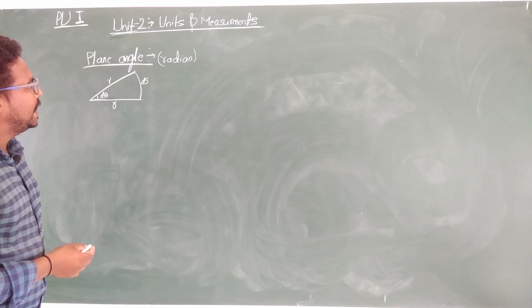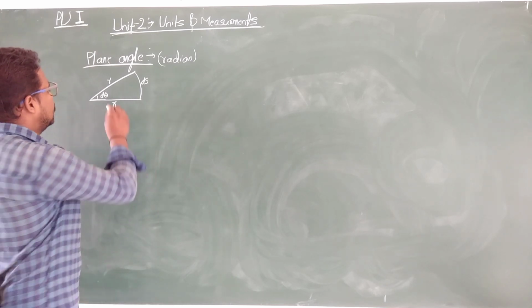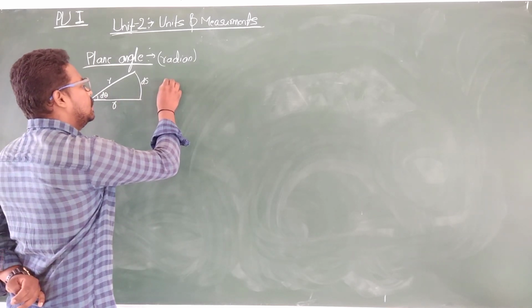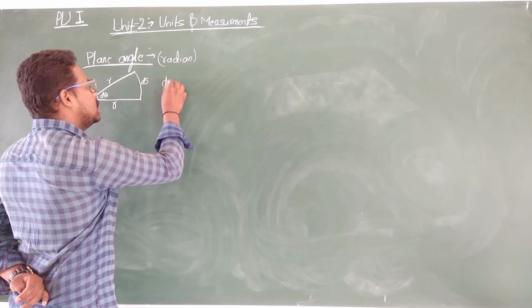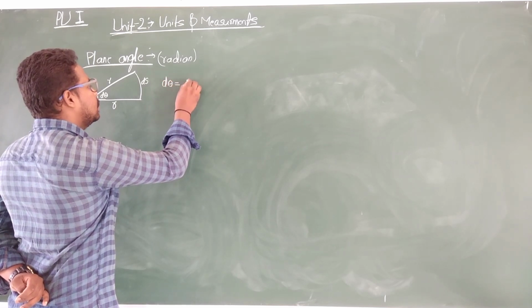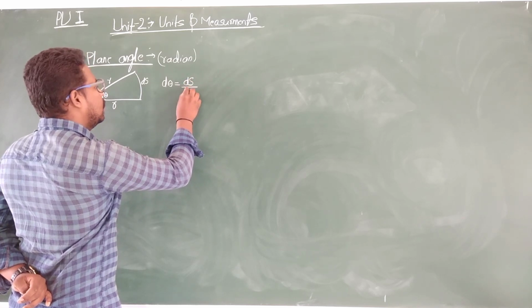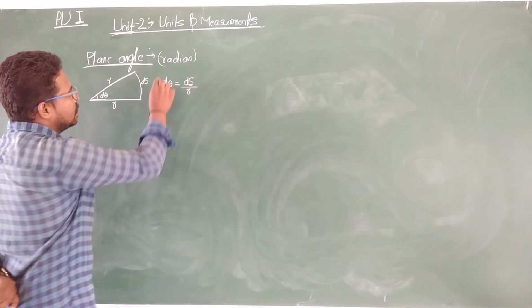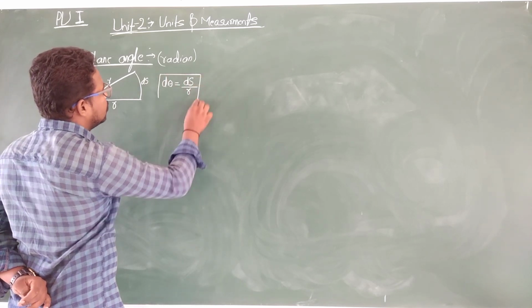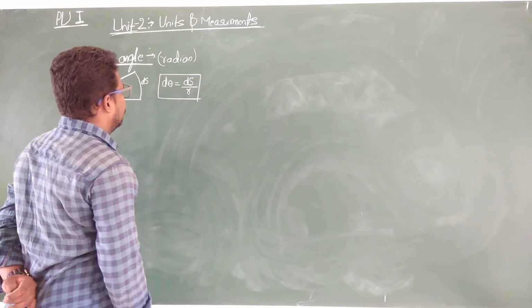So how we can define a radian? Radian means d theta. D theta is defined as d theta is equal to ds by r, the radius of the circle. So this is the definition of radian.